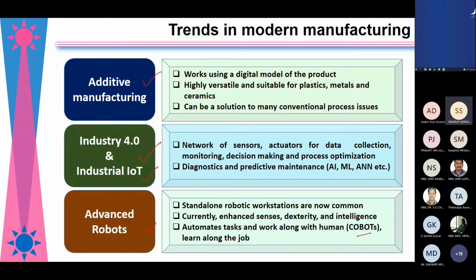So here you can see additive manufacturing is a process, then the predictive capabilities from artificial intelligence, machine learning, and neural networks help us in decision making, monitoring the process based on sensors and actuators, and they do process optimization for us. And definitely robotics is going to play an important role in the manufacturing processes.